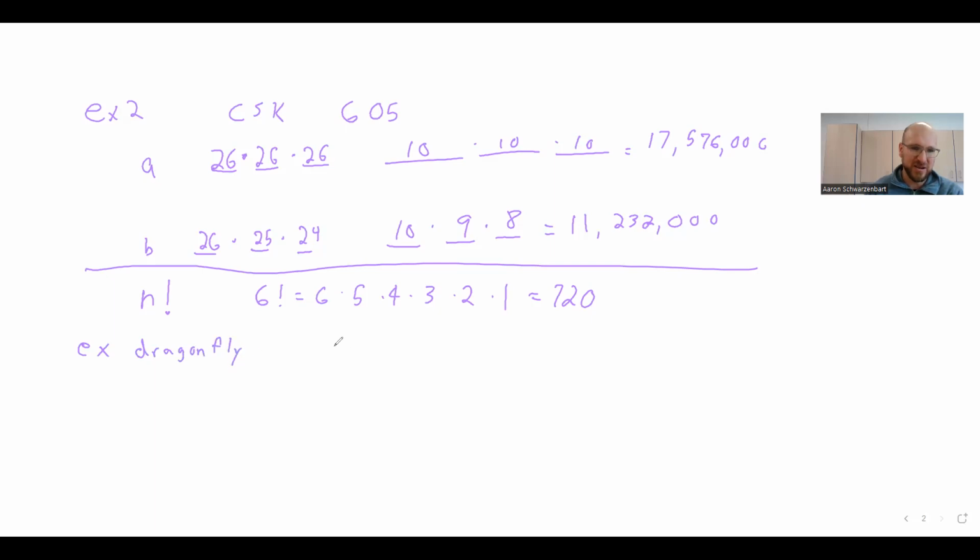Now, because I've got no indistinguishable letters, I can put them in any order. There's 9 for the first one, 8 for the second, 7 for the third, etc. That's 9 factorial, which is, told you these grow fast, 362,880 different ways to arrange those 9 letters in the word dragonfly.